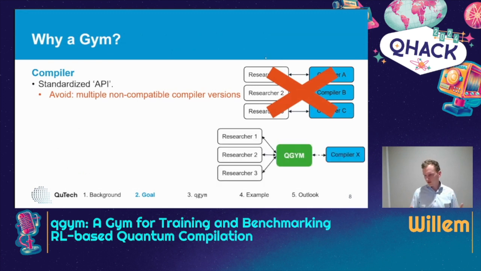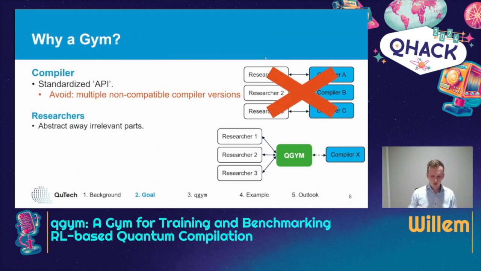And instead, what the qgym aims to do is to abstract away all the irrelevant parts so that it's really accessible for many different types of researchers or developers, and that's what you get out of the gym, namely eventually a trained agent that you can apply to the device of your desire.